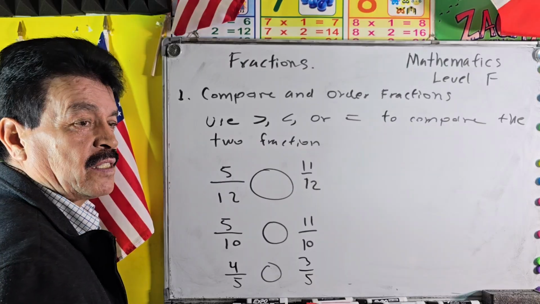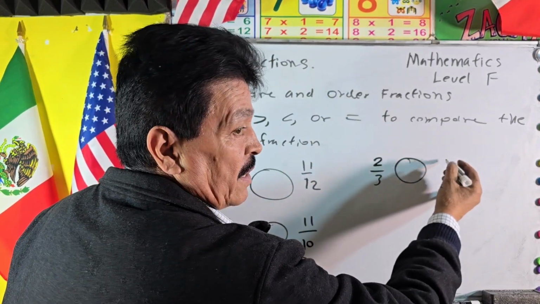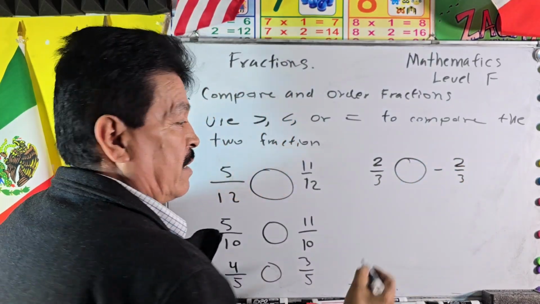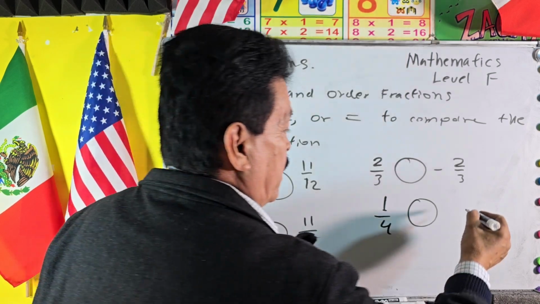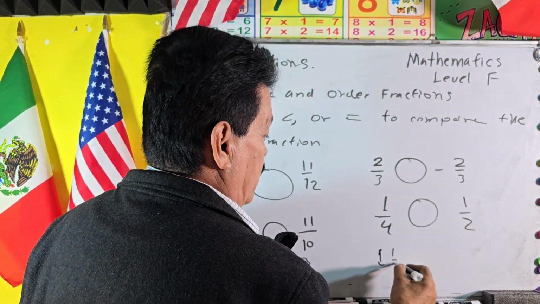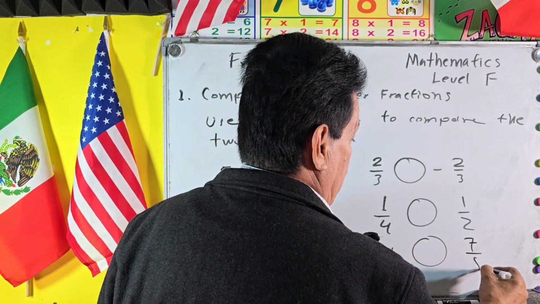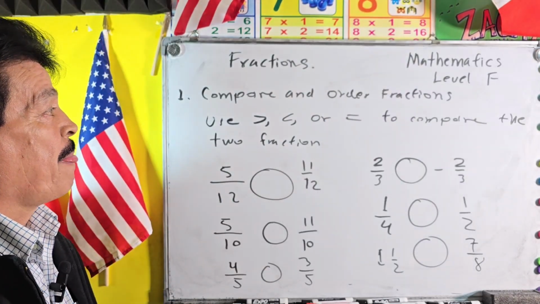It's very simple. So 2/3 compare with minus 2/3, and then 1/4 compare with 1/2, and then 1/2 compare with 7/8.